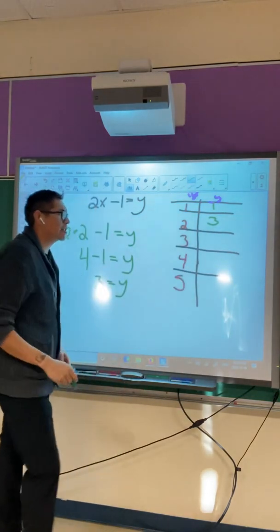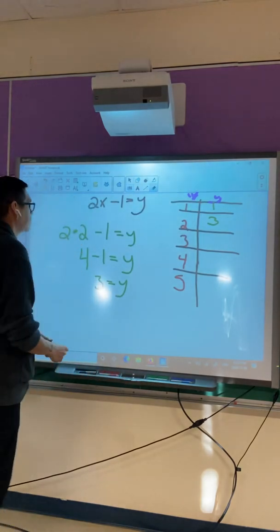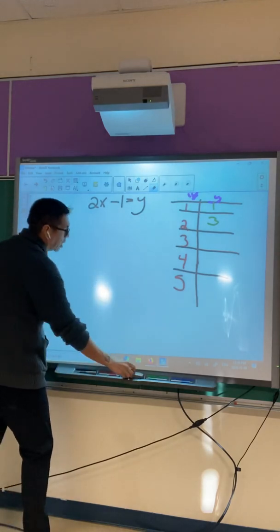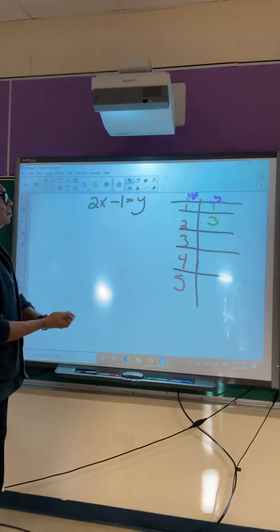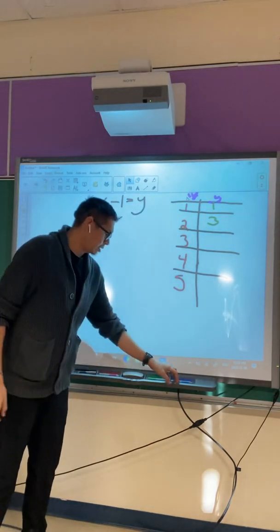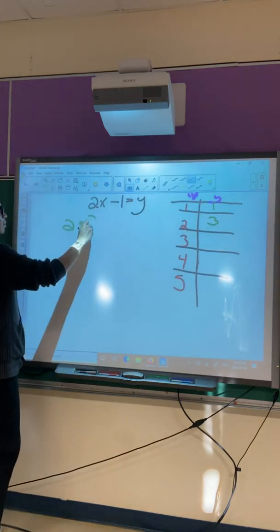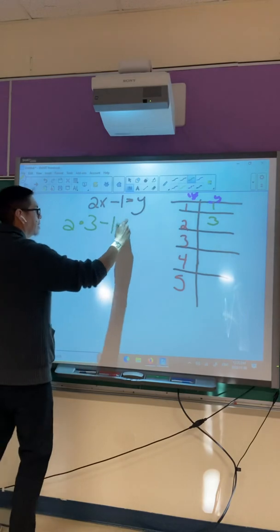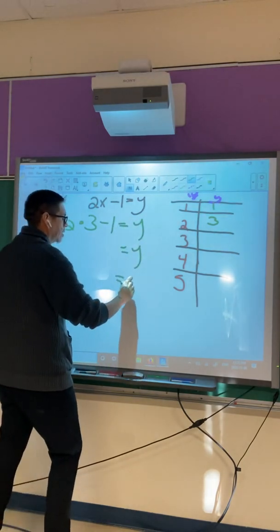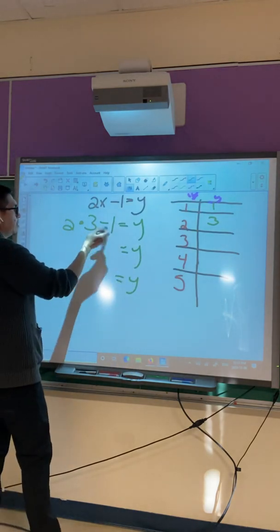And again, we're starting to see that pattern, but before we can keep going, we need to be sure. Always be sure. So we replace x with 3 in our equation. 2 times 3 take away 1 is equal to y. We're trying to figure out what y is so it can go into our table. 2 times 3 is 6, and we do it first.